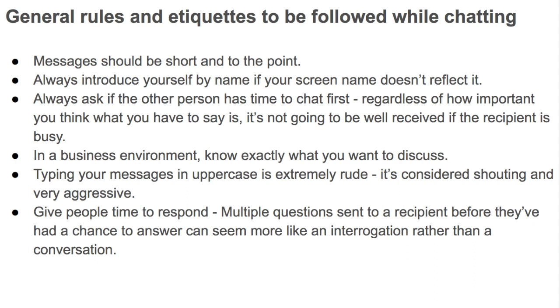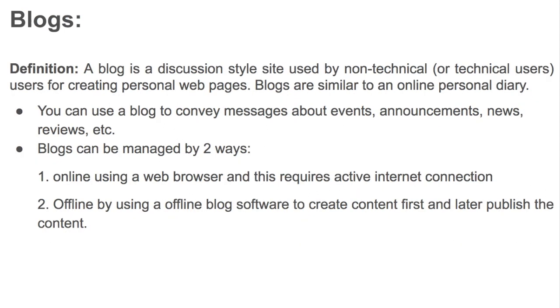And third is always ask if the other person has time to chat first. Likewise, I have mentioned all the rules here. You just read all the points, and if you face any problem, then you can ask me. This is actually a very important question. It has appeared twice in the 10th board exams.